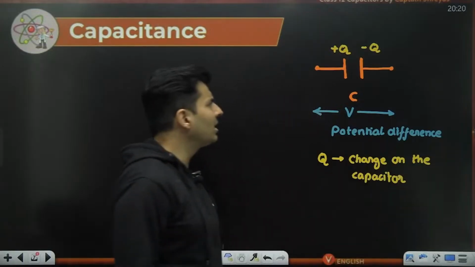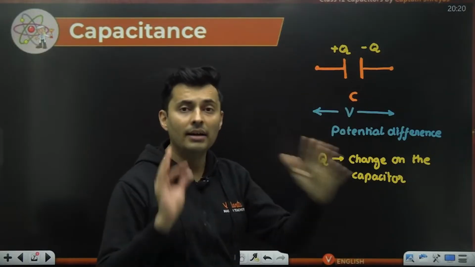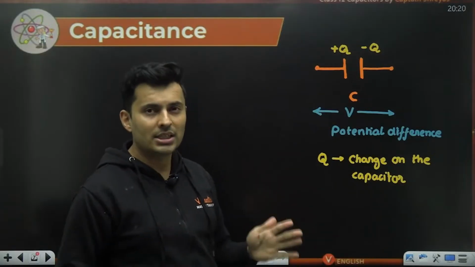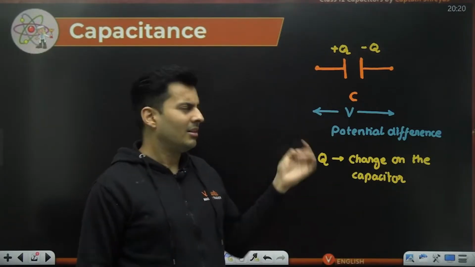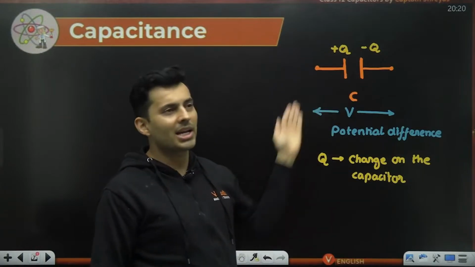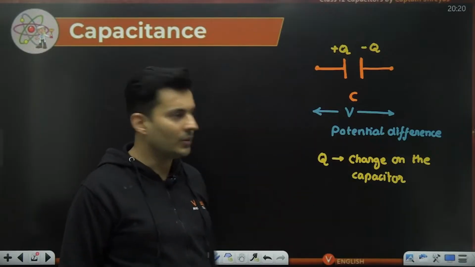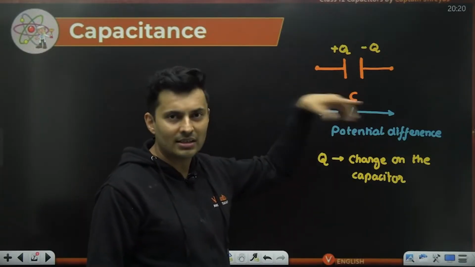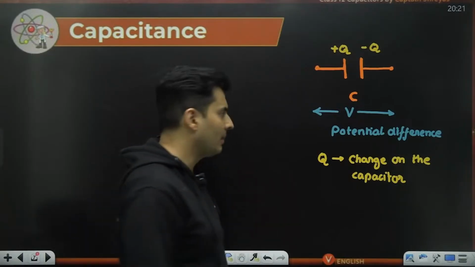Somebody might argue, sir, there is positive and negative, so won't the total charge be zero? 100% correct. The total charge is zero, but when somebody asks you what is the charge on a capacitor, if it is always zero, then there is no point of talking about it. We are talking specifically about the magnitude of any one charge. So the magnitude of any one of those charges is what is referred to as the charge on the capacitor.